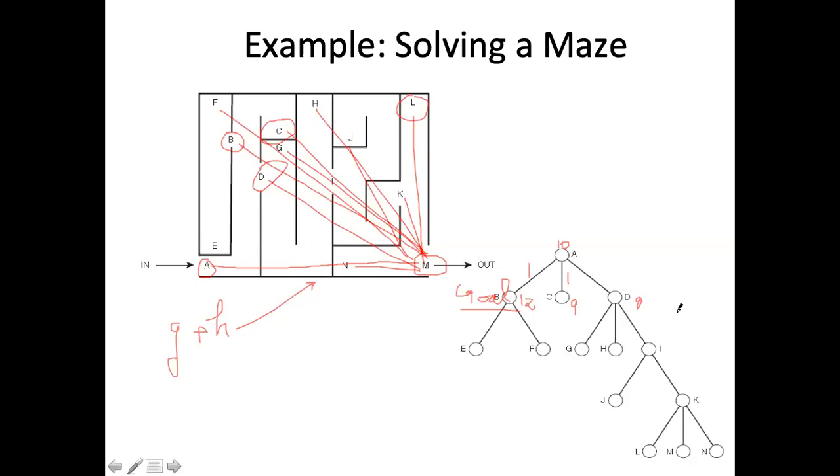It has to be lower क्योंकि if you look at the maze you will find that D is more closer to M, तो उसकी heuristic cost कम होनी चाहिए.